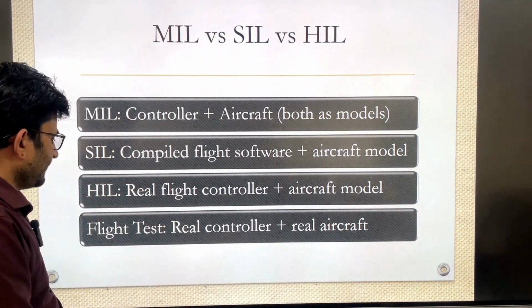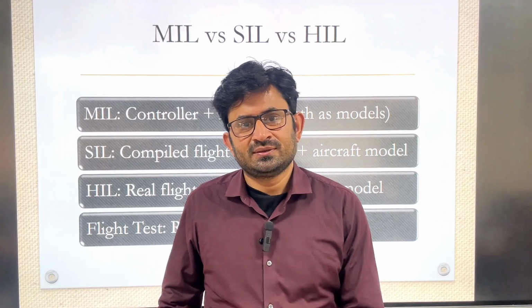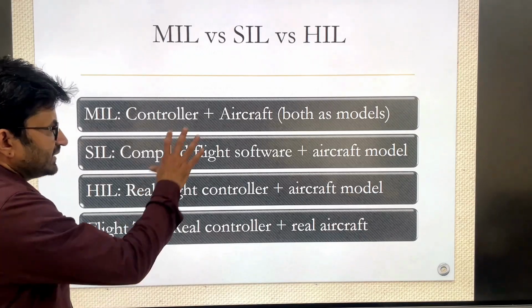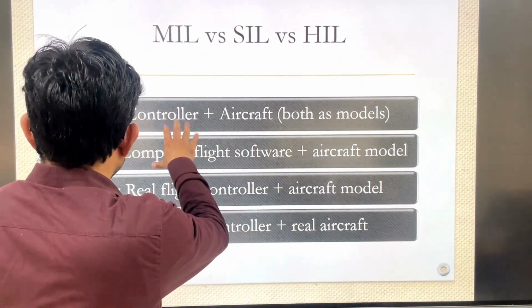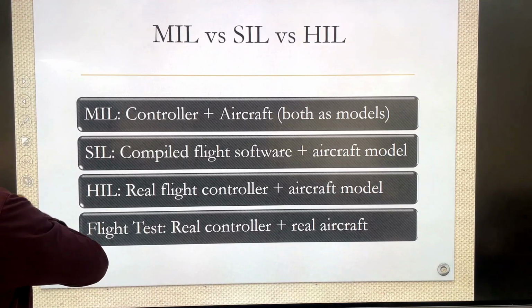And then flight test. In this, the aircraft becomes real also. So real controller, real aircraft, that is flight test. Okay. So that is the difference between these MIL, SIL, HIL, and finally flight test.